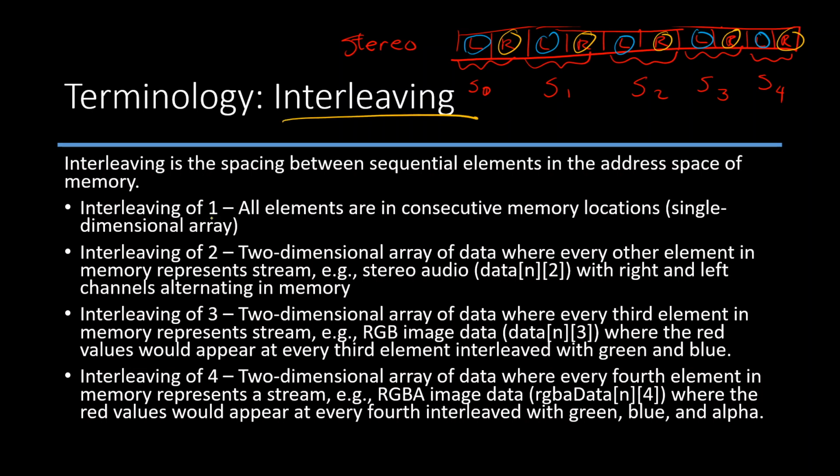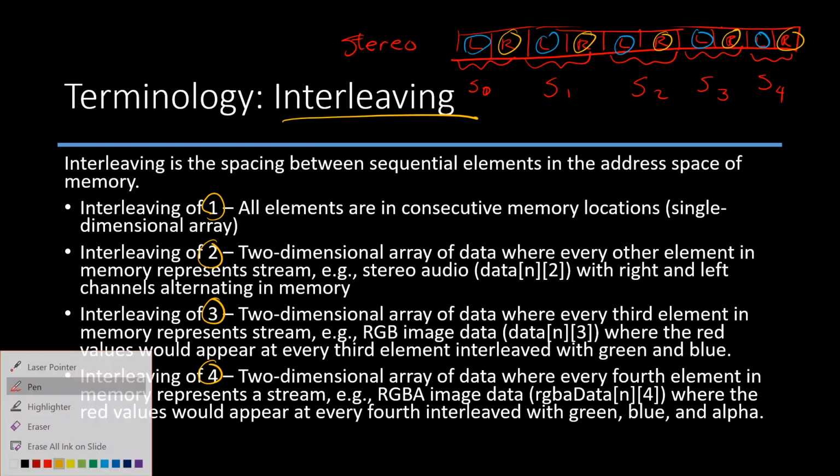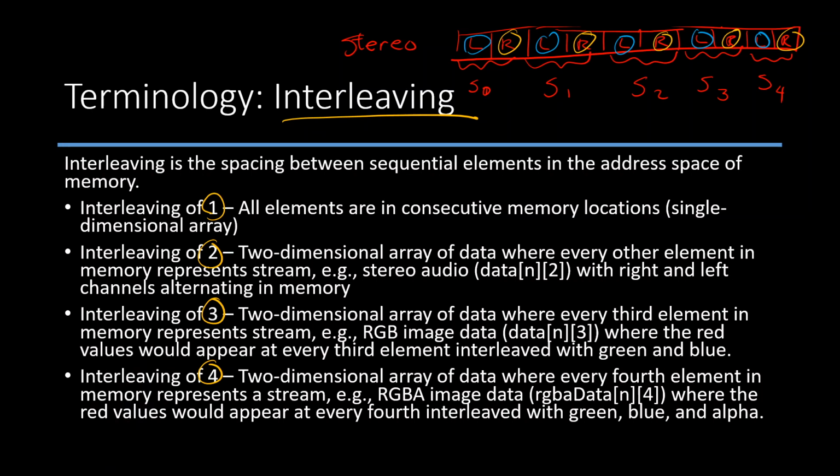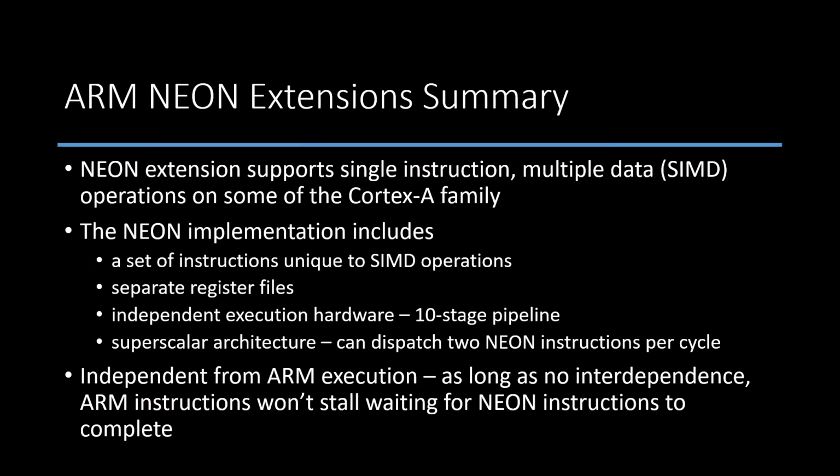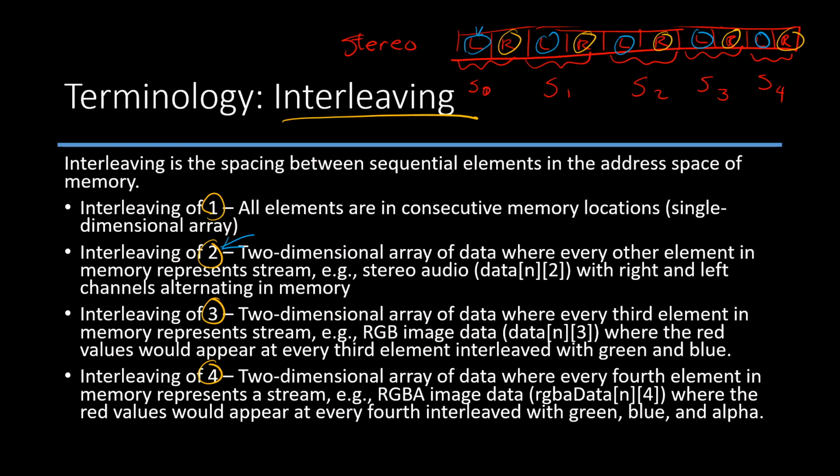Interleaving says that I can have interleaving of 1, 2, 3, or 4. And this means that if I'm loading one of my vector registers, let's say that I'm trying to load my left channel, then what I'm going to do is I'm going to have an interleaving of 2 so that I grab the first left element, then grab the next left element, then the next, then the next.